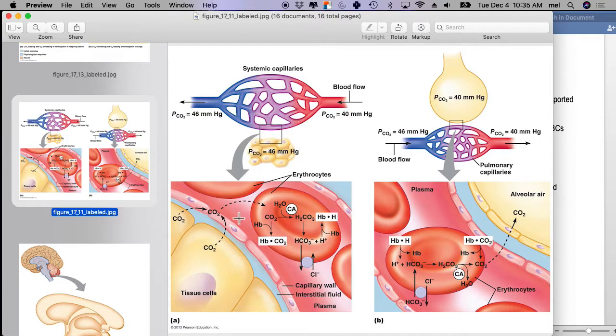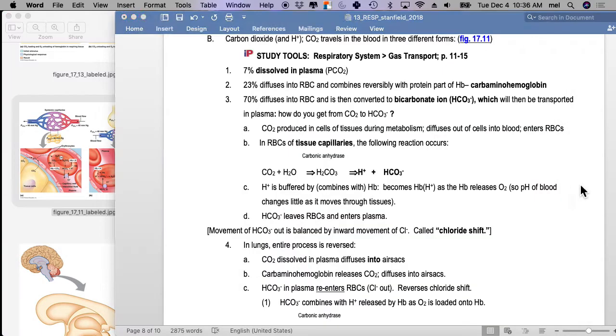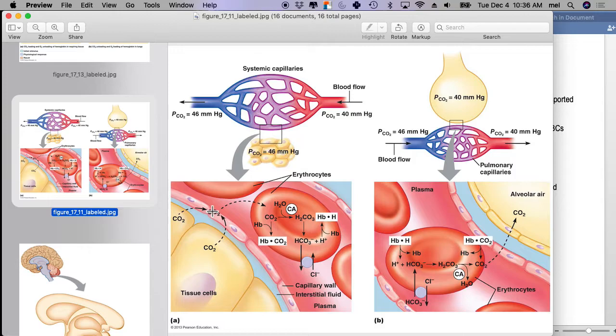Of course, if we start in the tissue cells, that's where it was generated, right, via cellular respiration. You carry 7% of your carbon dioxide dissolved in the blood plasma as carbon dioxide. So it's just in there as carbon dioxide. Everybody okay with that? Okay. The next one is you carry 23% of carbon dioxide on the globin portion of hemoglobin. This does not compete for seats with the oxygen, and that's important for you guys to understand.